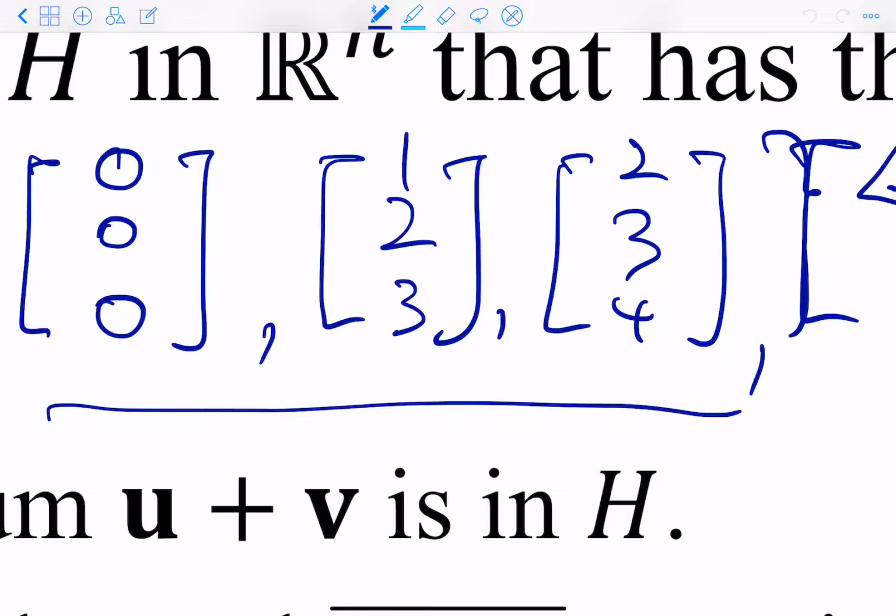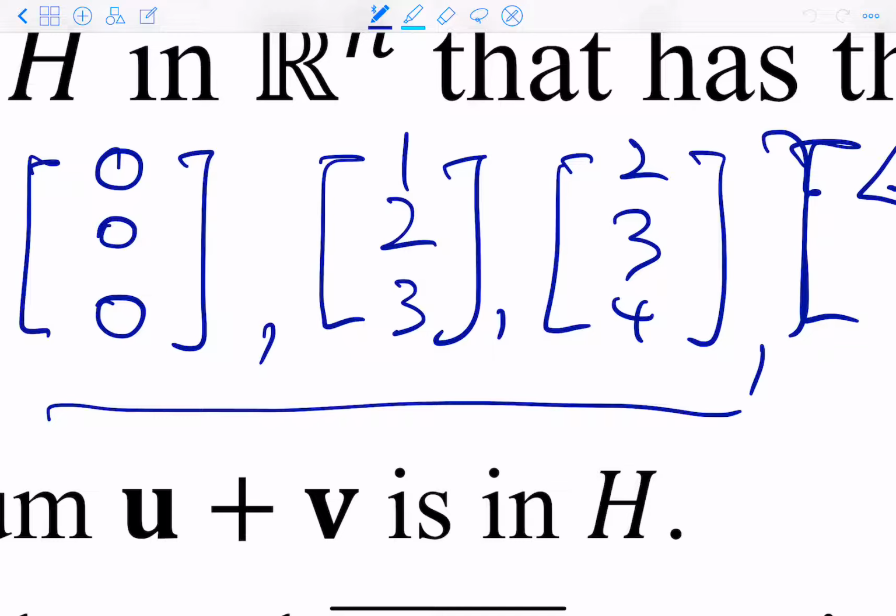I mean the set containing infinitely many possible linear combination results by using any of the elements in our set. Okay, so it will end at a particular point, and that set will not be the entire 3-dimensional space.